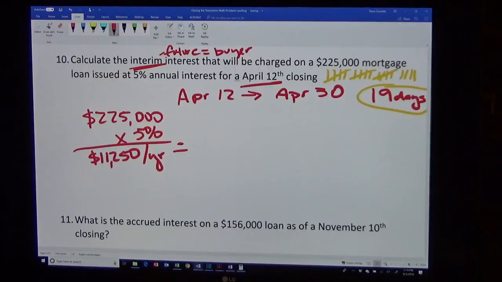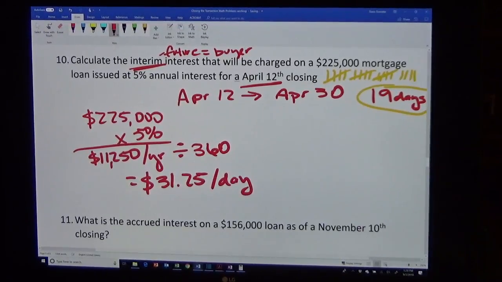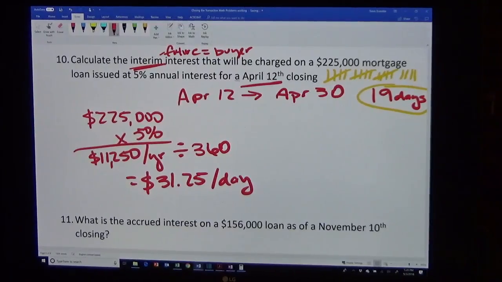We need to break that down to daily so we can do 19 days, so divided by 360. Whenever you have yearly and you want to go to daily, you divide by 360. That equals $31.25 per day.